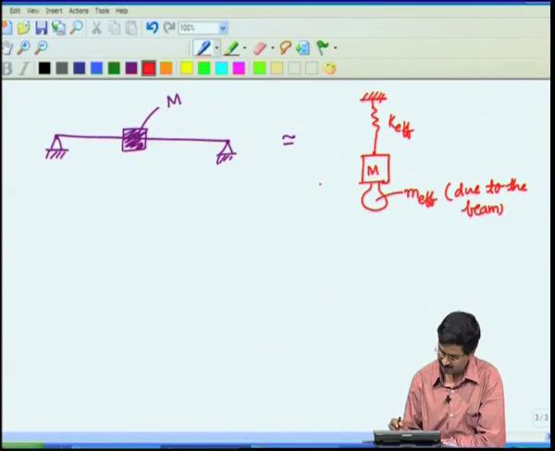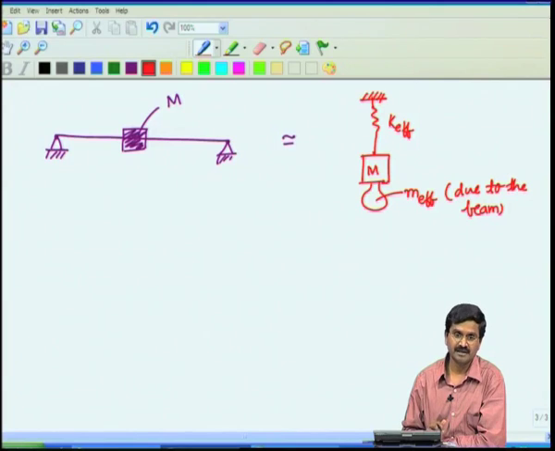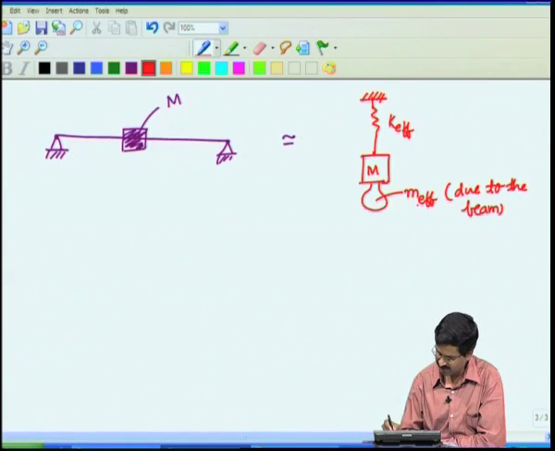Now, both of them will contribute towards the mass of the system, or in general we call it inertia. Inertia is something that an object has because of its mass and that is moving. So, if we can get this m and m effective and k effective, we can again write the natural frequency of this in radians per second as square root of k effective divided by m plus m effective.